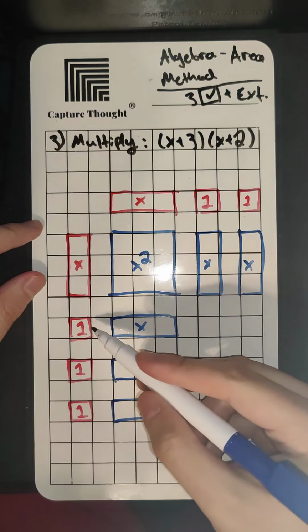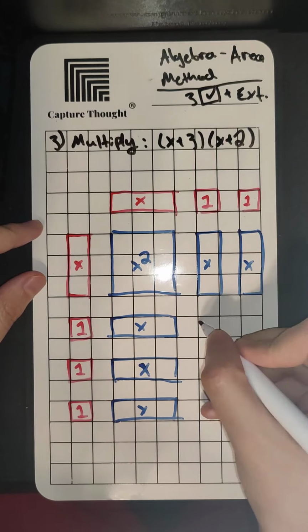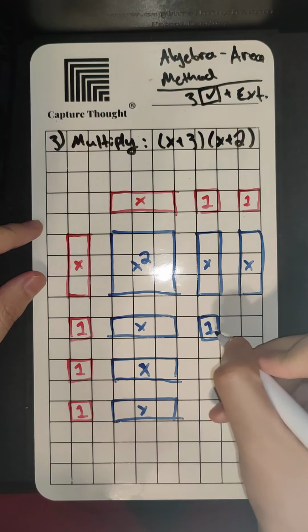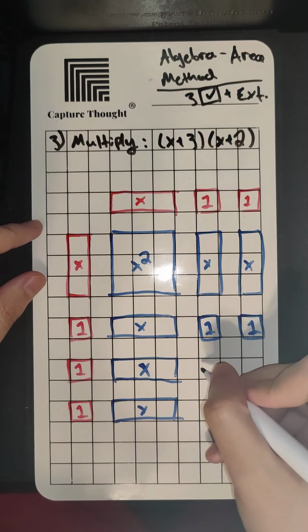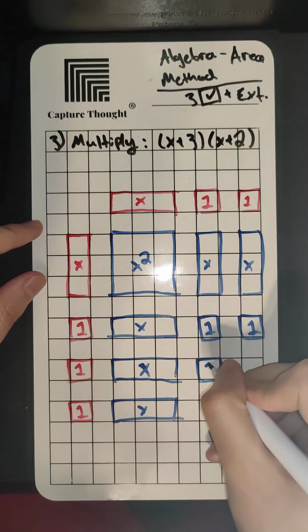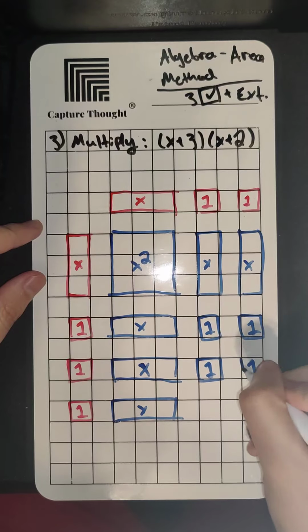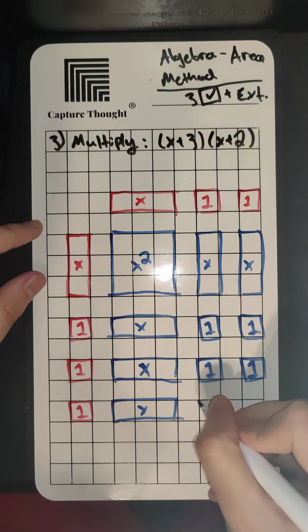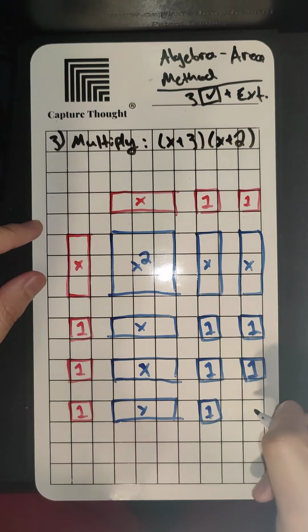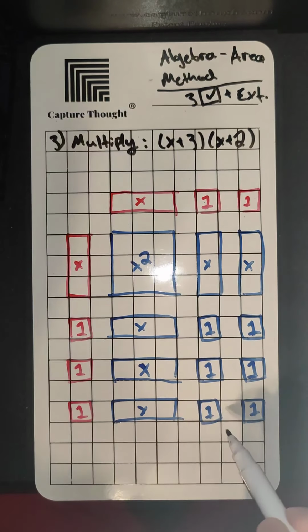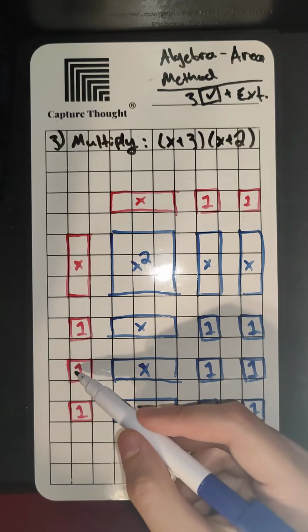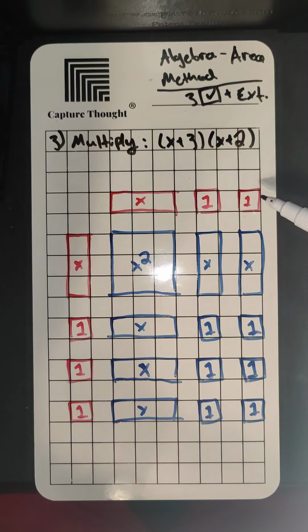And now we've got 1 times 1 times another 1. We do that 2 more times. These are just these 1 units multiplied by this one and this one, multiplied by this one and this one.